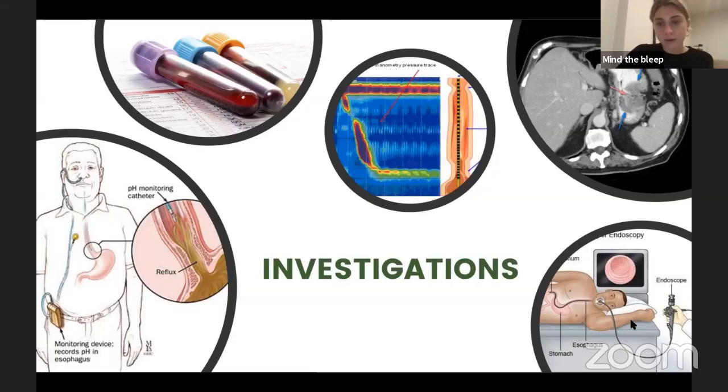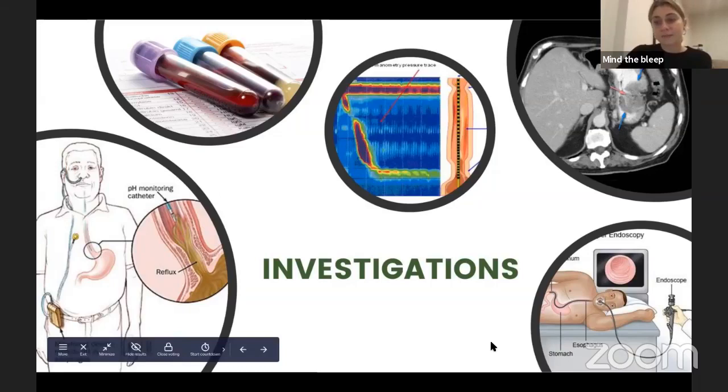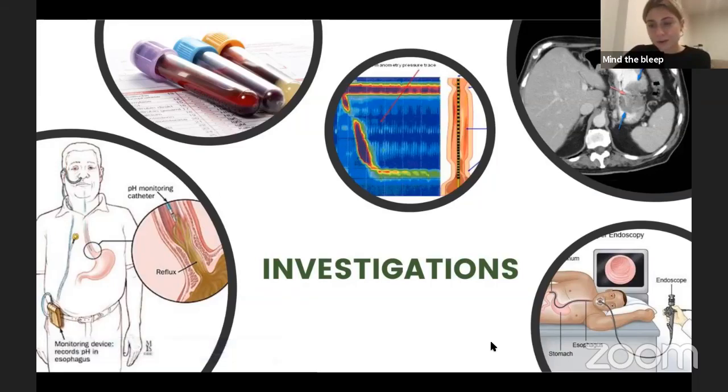So looking at the right bottom hand corner, which is supposed to show a patient undergoing endoscopy. So the endoscope is put through the patient's mouth. Light sedation and anesthetic might be used, like a topical anesthetic, to make it more pleasant for the patient.